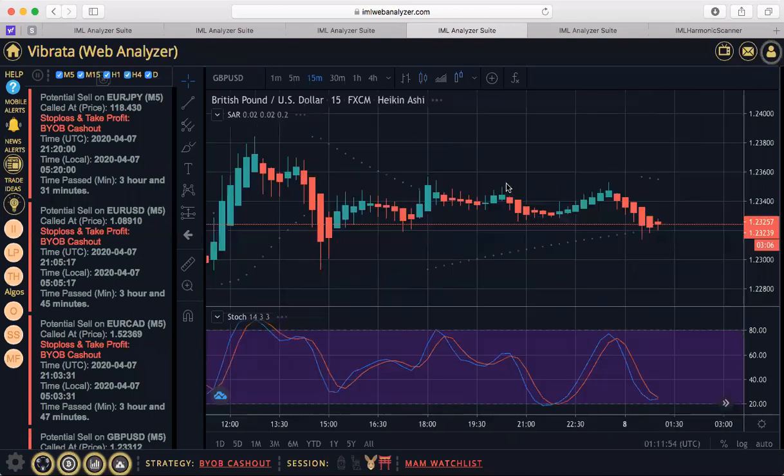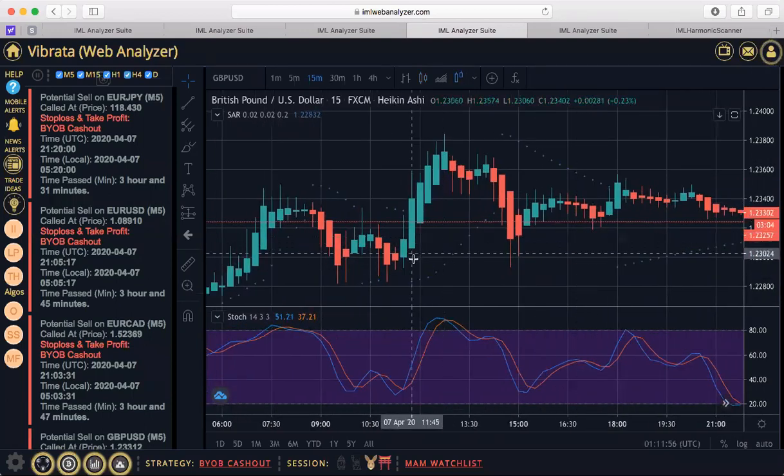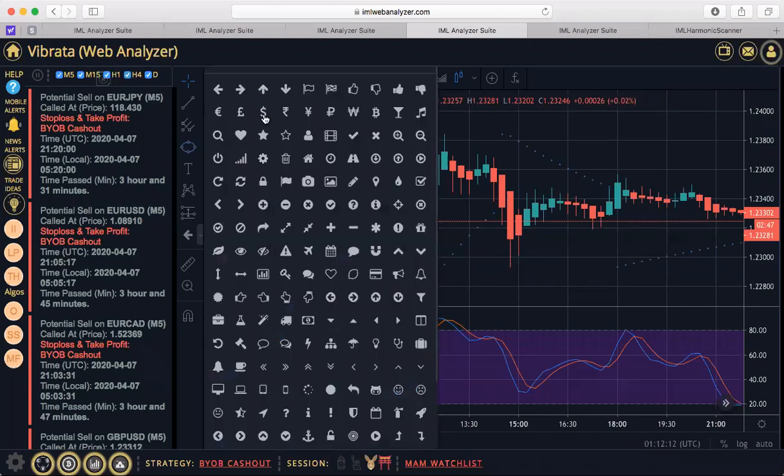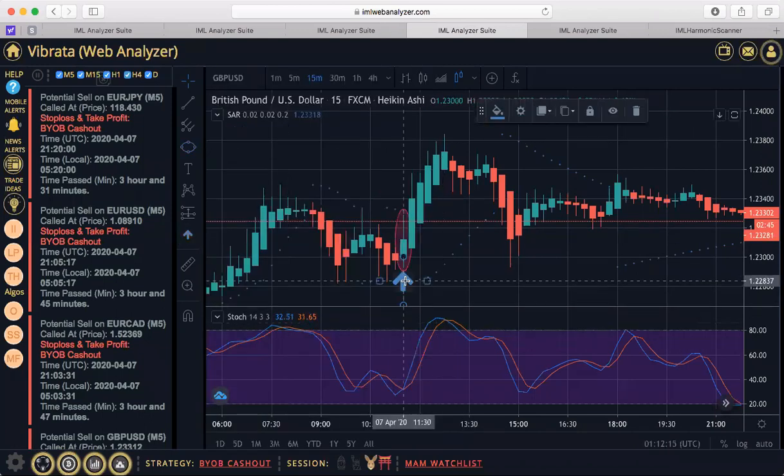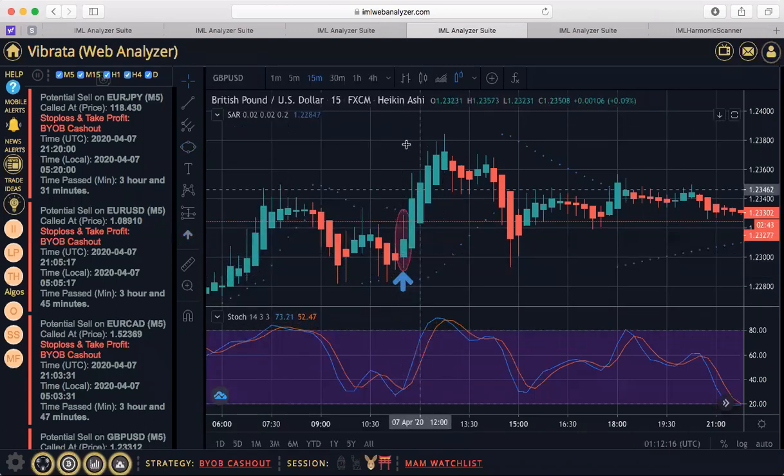Because they're an indicator, you notice that this candle right here has a wick on the bottom. Just to help you understand a little clearer, let me put an arrow here to point out this candle that has that wick on the bottom.